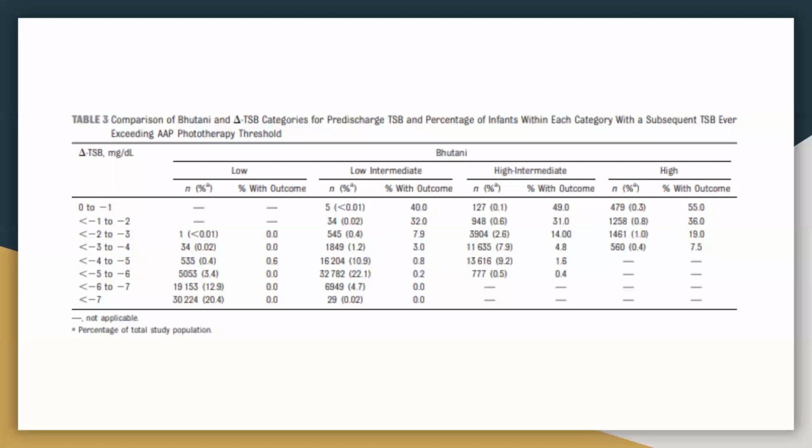And then here's a table that again compares the model that was developed by these researchers compared to the different categories of the Butani model. One thing that this paper decided to point out was that they think the Butani model is a little bit more conservative in who they put in the high intermediate and the high categories compared to the Delta TSB model.